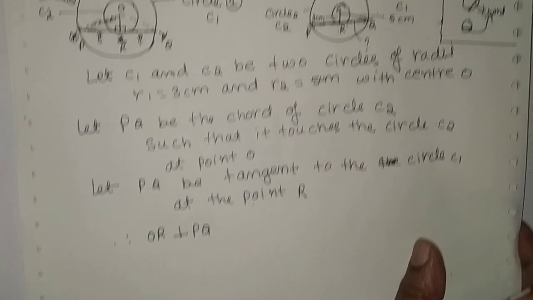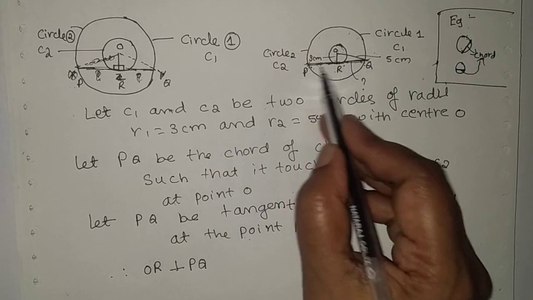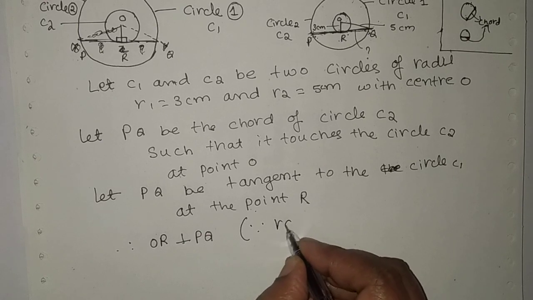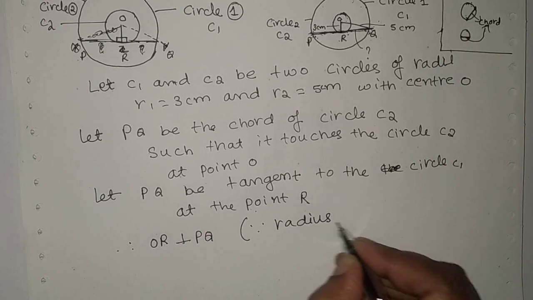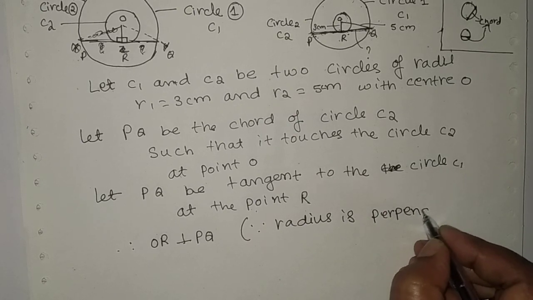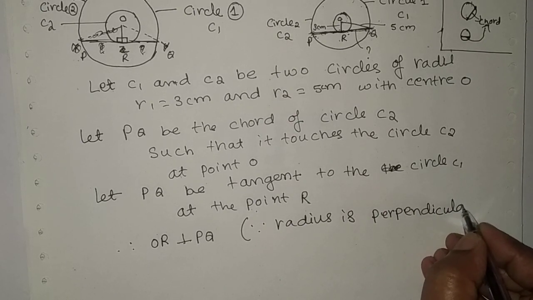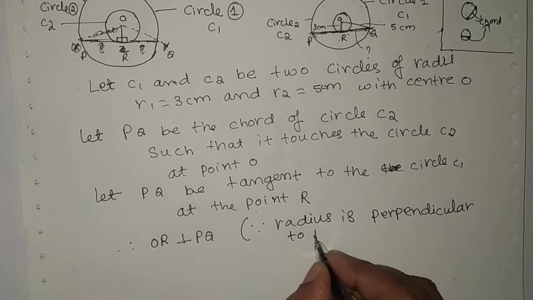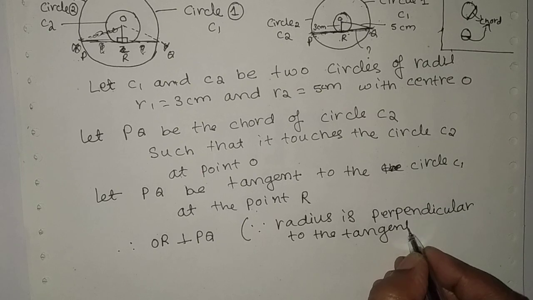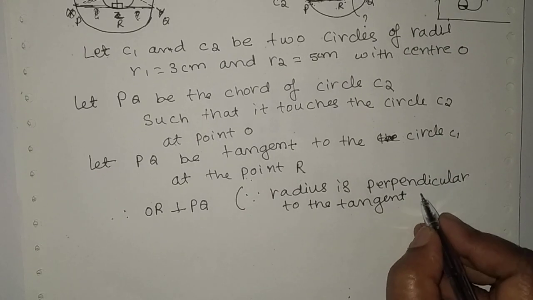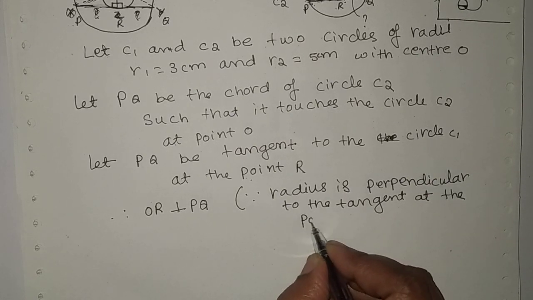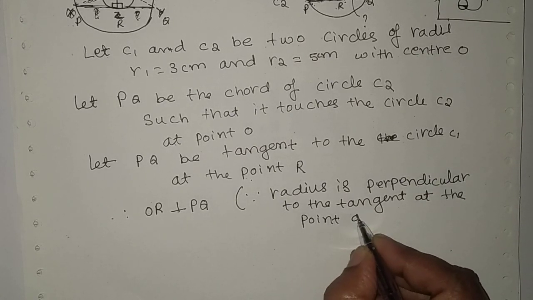So here OR is perpendicular to PQ, because, as we studied in the previous problem, the radius is perpendicular to the tangent. So we have to write a note here: the radius is perpendicular to the tangent at the point of contact.